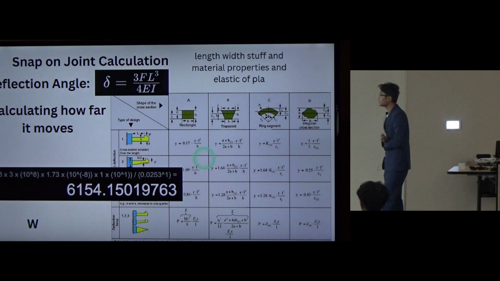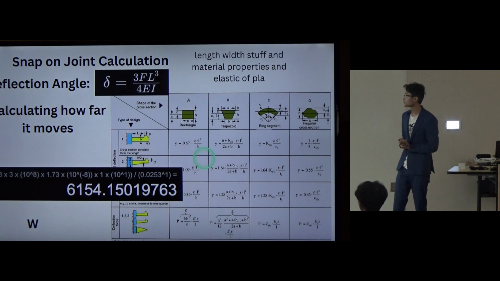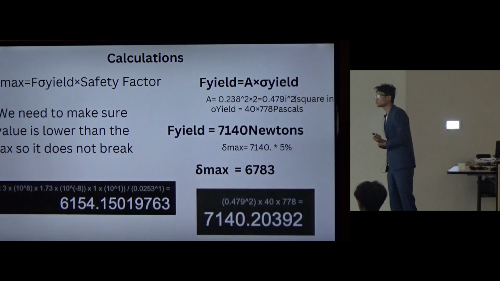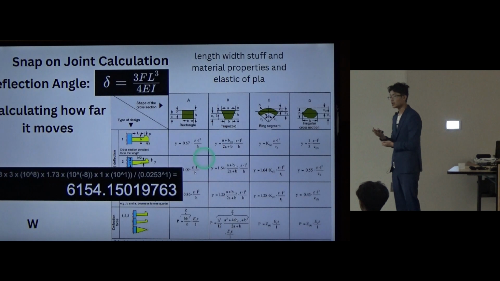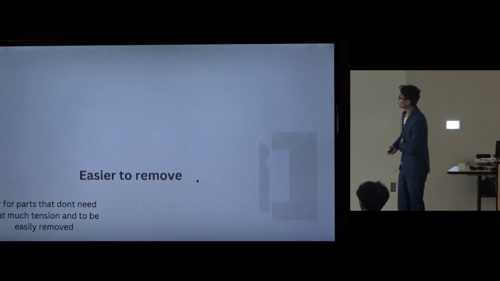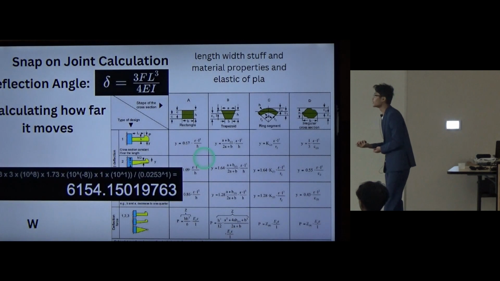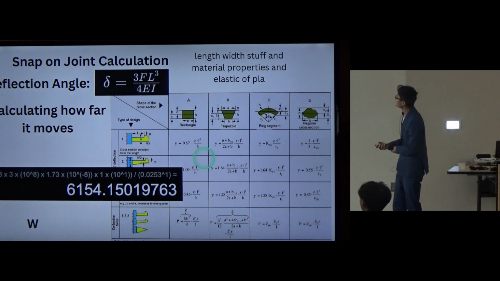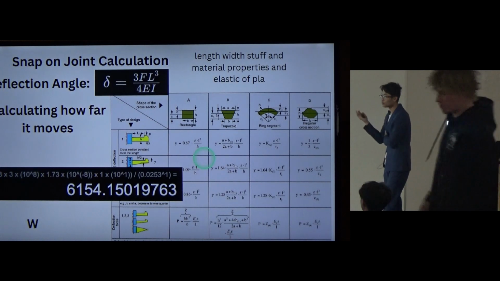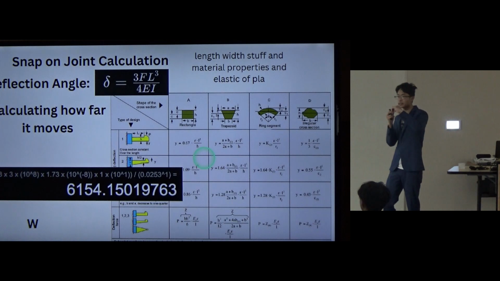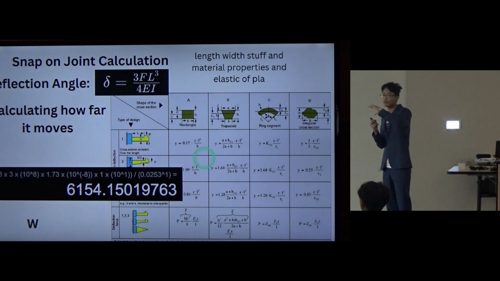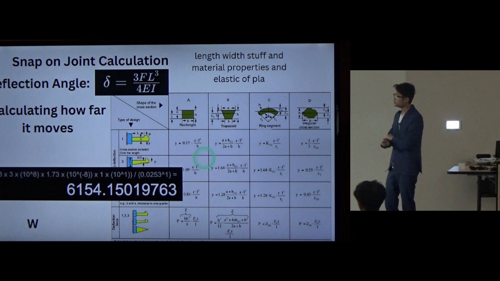I plugged my values in and I got a value of 6,000, which is depending on the height. My bad, I forgot to explain what goes into the deflection angle. So it's basically the length, width, material properties of the PLA. Since PLA normally has an elasticity of 40, that means it is more prone to break when you bend it.